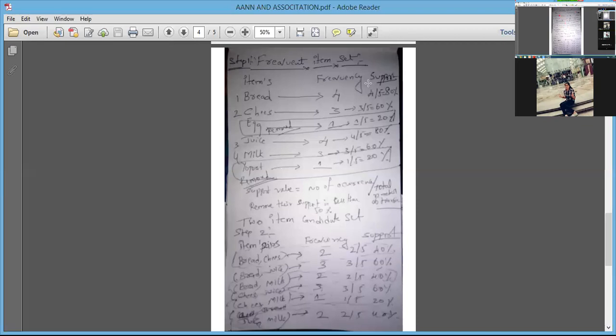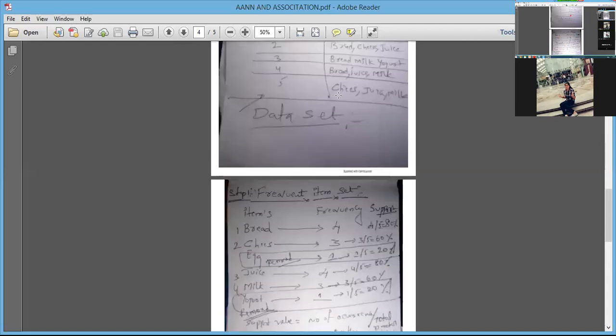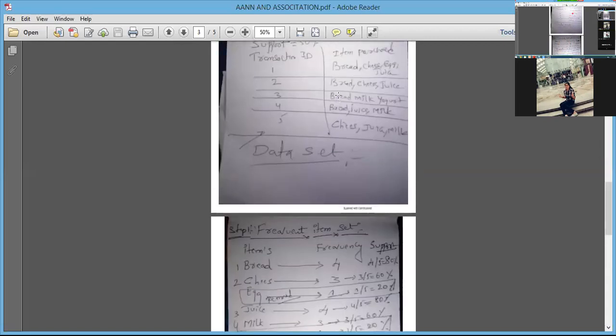Now you can see here, the first and foremost step is to find the frequent item set. What is the first element? Let me take bread. How many times has bread appeared? Can you count? One, two, three, four. So four is the frequency. Cheese: one, two, three.